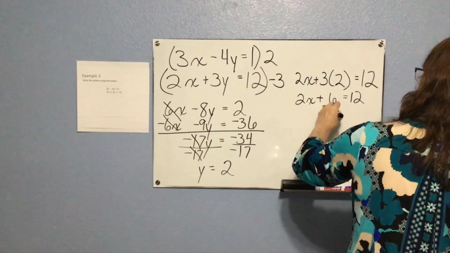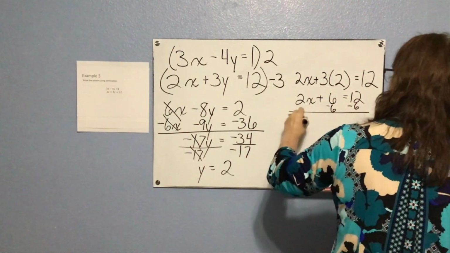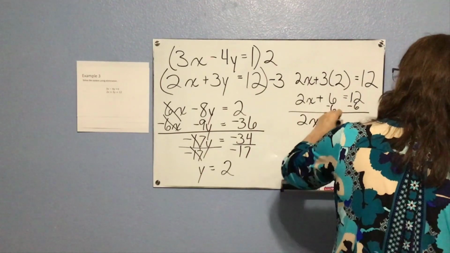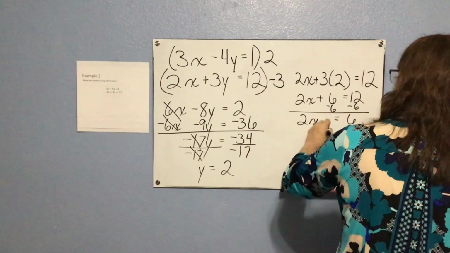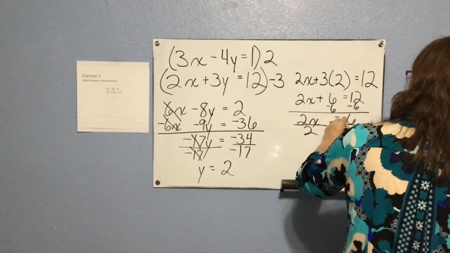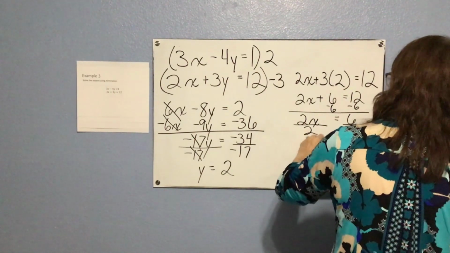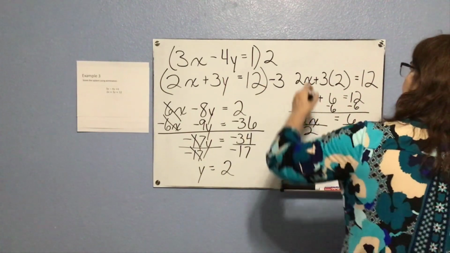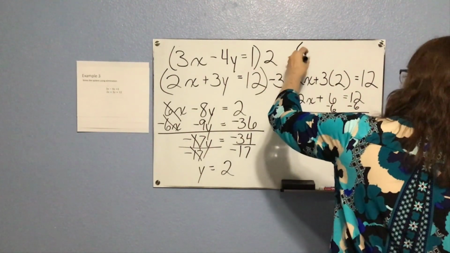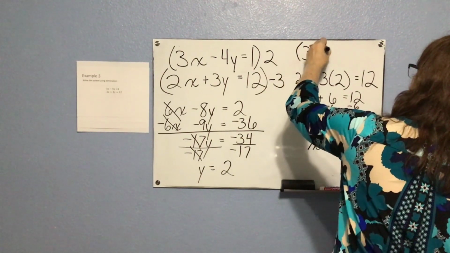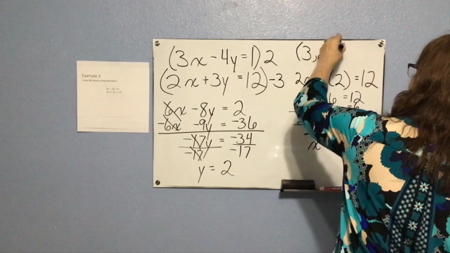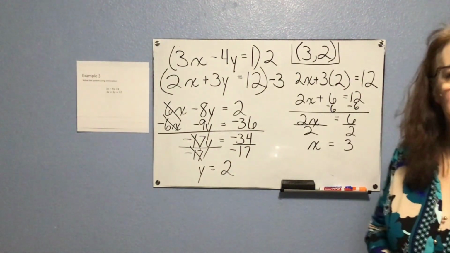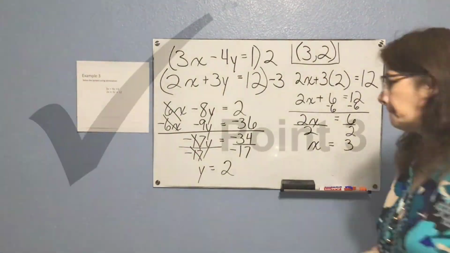Subtract 6 from both sides, and I get 2x equals 6. Divide by 2, and x equals 3. So the solution for my system would be 3, 2. Pause the video now and work on checkpoint 3.